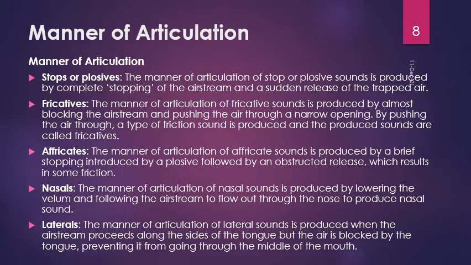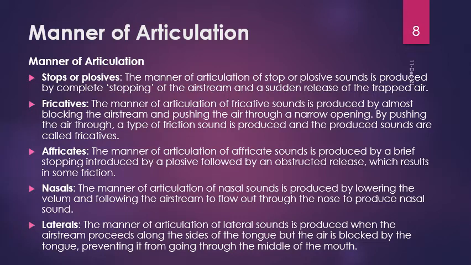Affricates. The manner of articulation of affricate sounds is produced by a brief stopping introduced by a plosive followed by an obstructed release, which results in some friction. So we say that an affricate is made up of a plosive and a fricative.